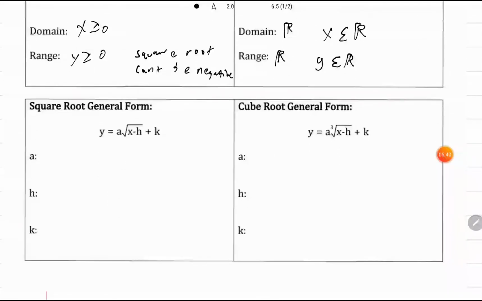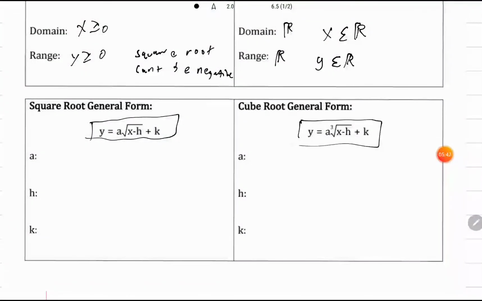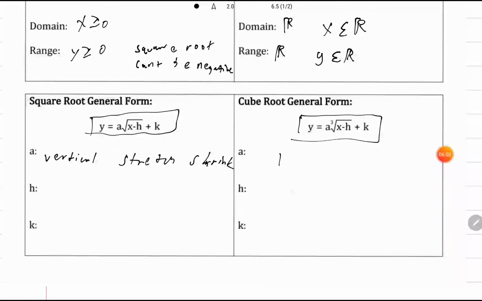They're general forms. So all square root graphs look like this, and all cube root graphs look like this. Where A, like everything else, is the vertical stretch or shrink. Same here. So I'm just going to put that vertical stretch or shrink.